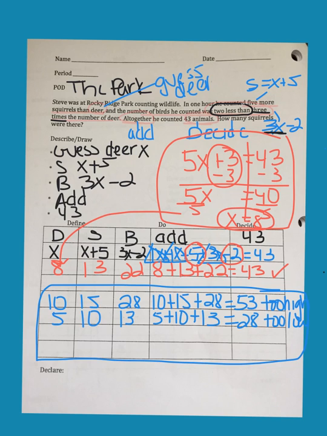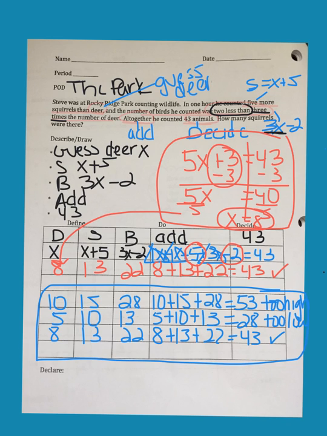So my next guess would be an 8, and then 8 plus 5 is 13. 3 times 8 is 24 minus 2 is 22, and 8 plus 13 plus 22 does equal 43, and that is correct. The question is, how many squirrels were there?